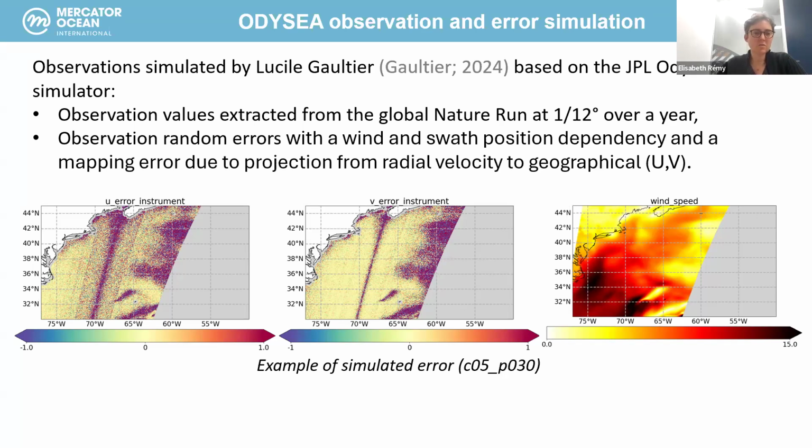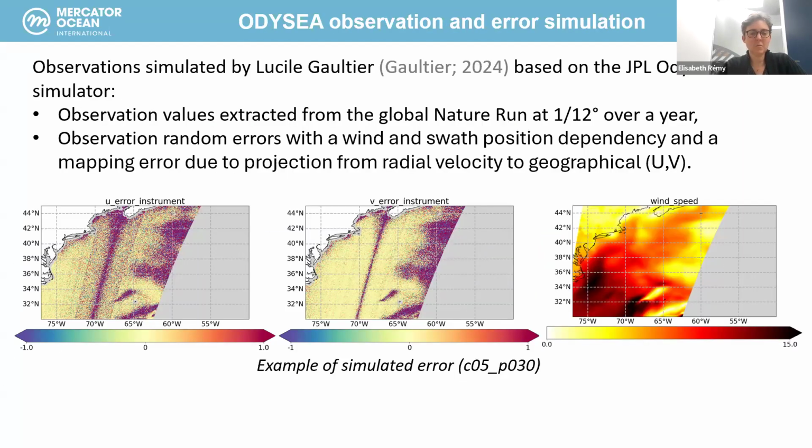The figures highlight an example for one swath. You have the error for U on the left, in the middle for V, and then the wind. We can clearly see the increased level of error in the center and at the edge of the swath. We can also see that the errors are higher for the U component and much higher when the wind is really low.